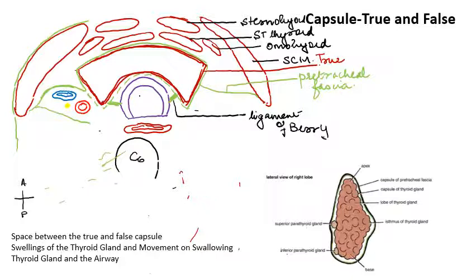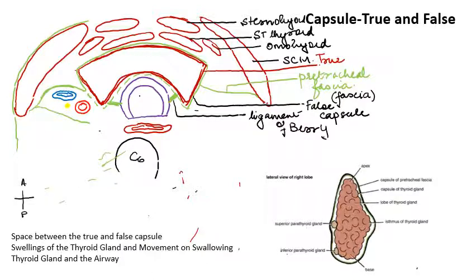The other layer is the false capsule, which is formed by the part of the pretracheal fascia which is wrapping around the thyroid gland. This is the false capsule.